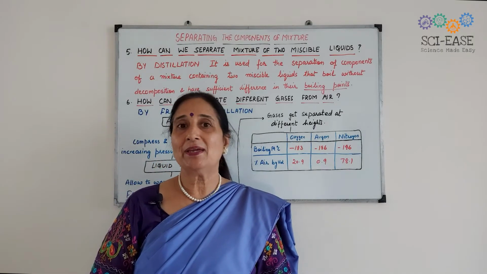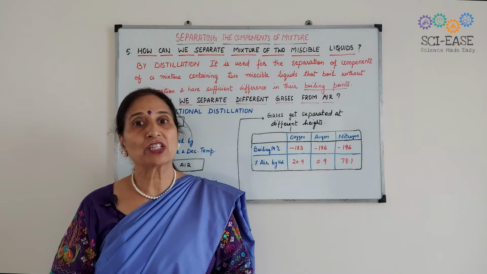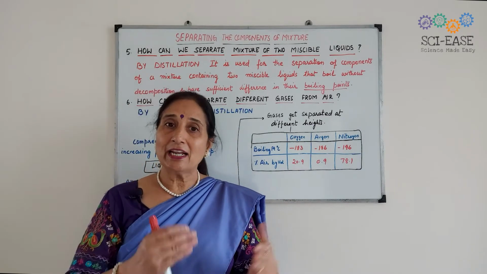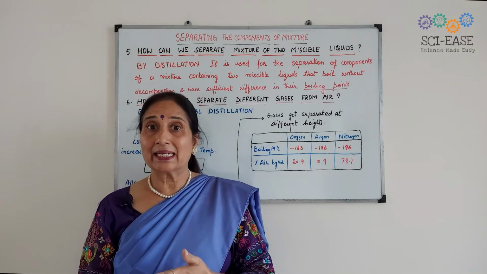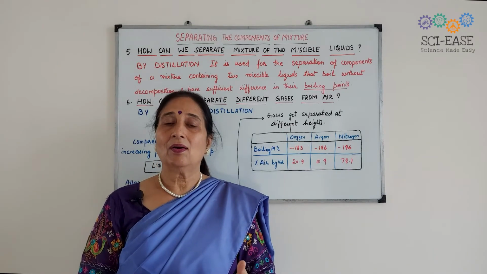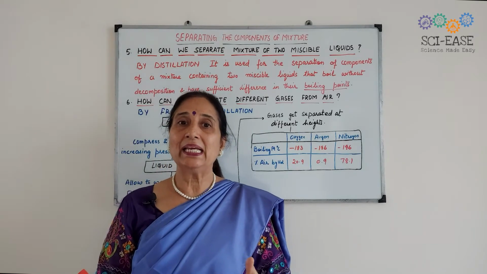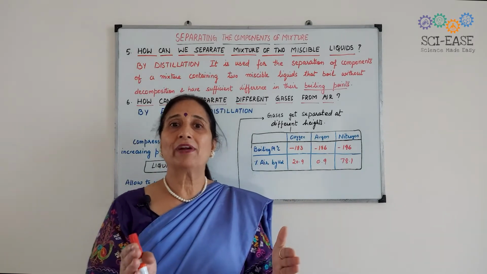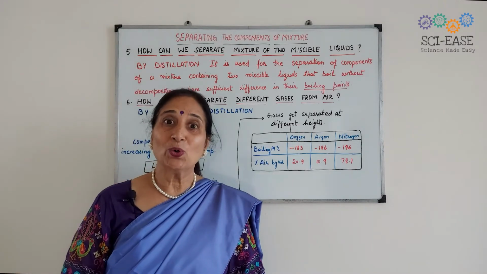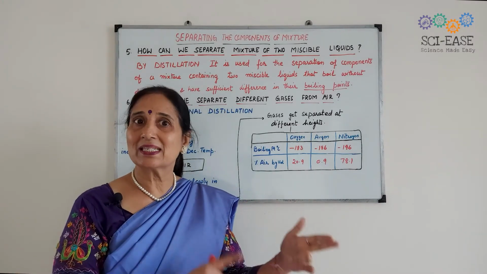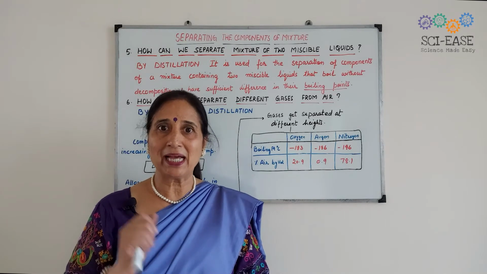In the same way, you know that air is a mixture of many gases, and if we want to collect oxygen or nitrogen separately, then the fractional distillation method is applied. So this is all about the distillation and the fractional distillation method.